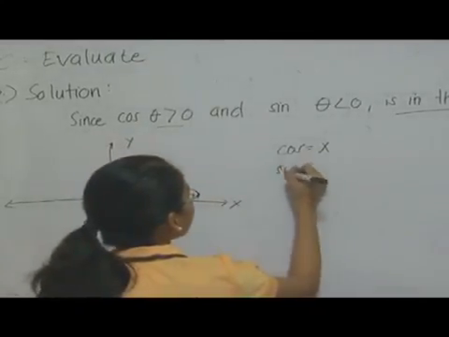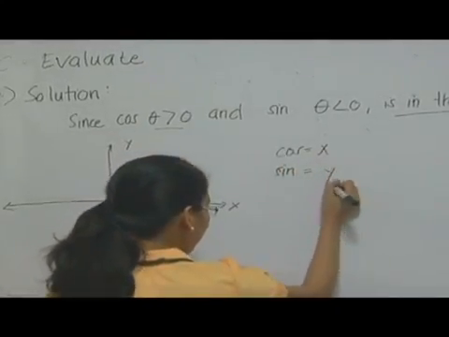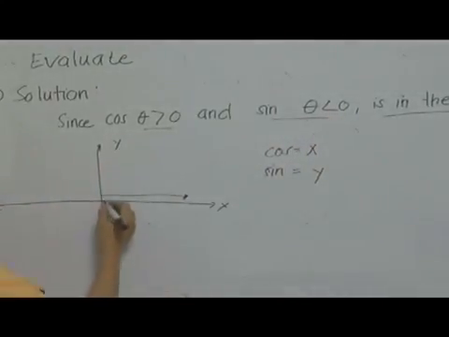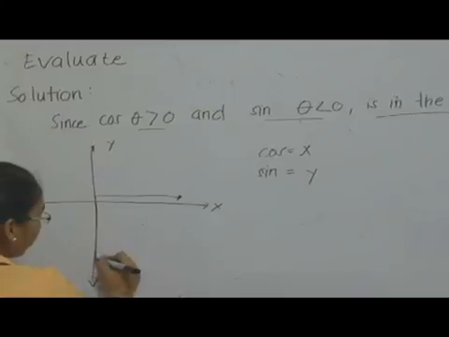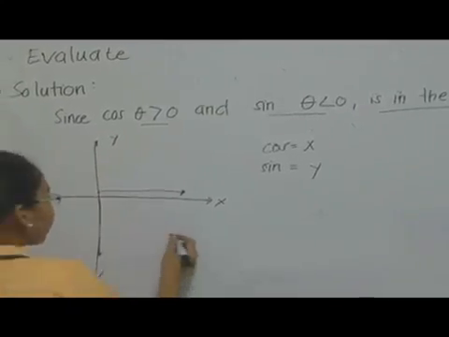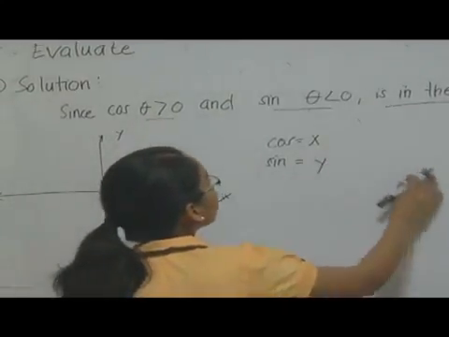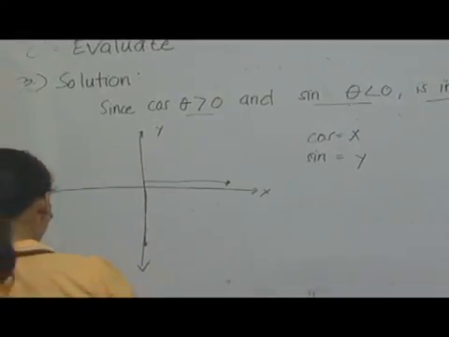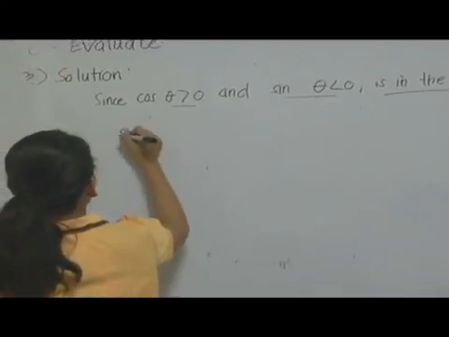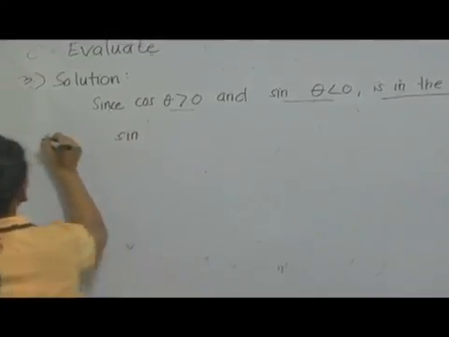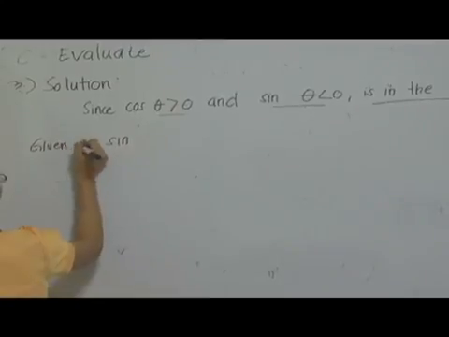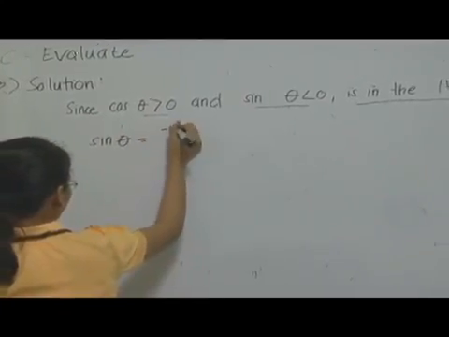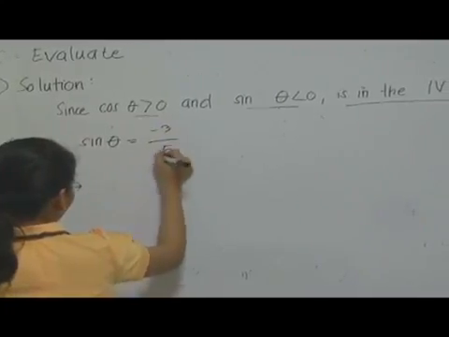And since sine is just equal to y, and it's stated that sine theta is less than 0, the values are here. That's why the given number is in the fourth quadrant. The given is sine theta is equal to negative 3 over 5.